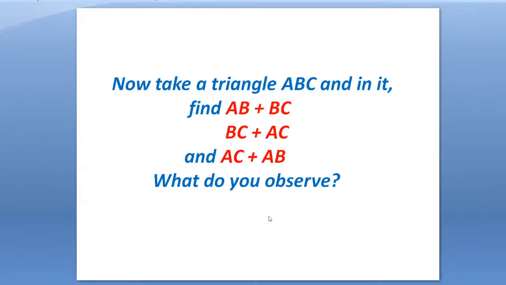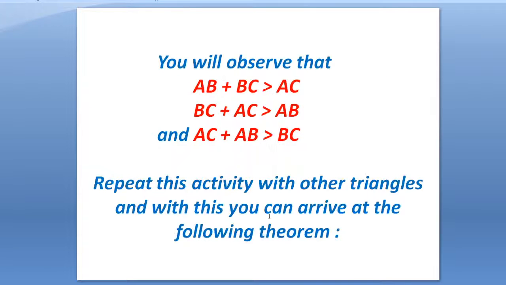Now take a triangle ABC and find AB plus BC, BC plus AC, and AB plus AC, the sum of any two sides of the triangle. You observe that AB plus BC is always greater than AC, BC plus AC is always greater than AB, and AB plus AC is always greater than BC.